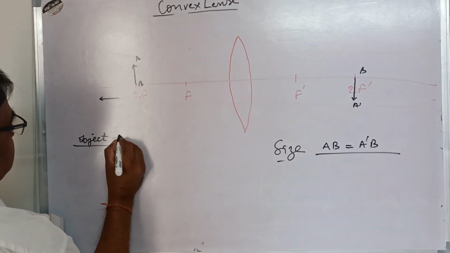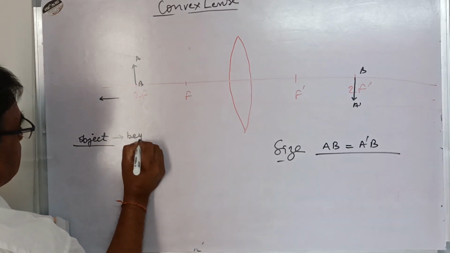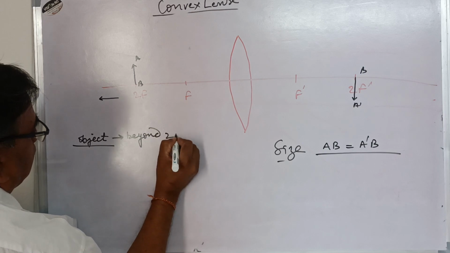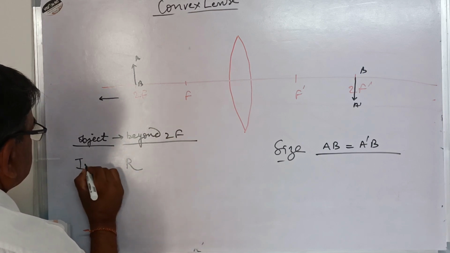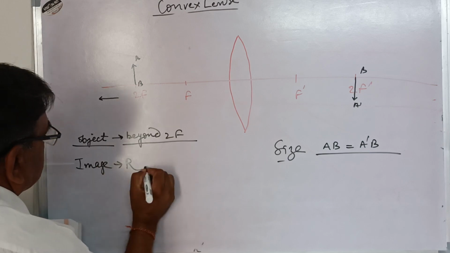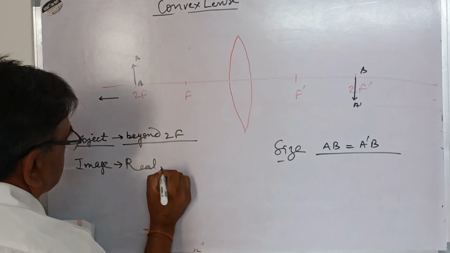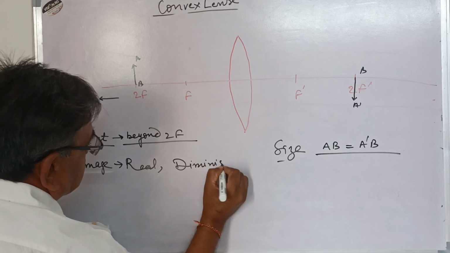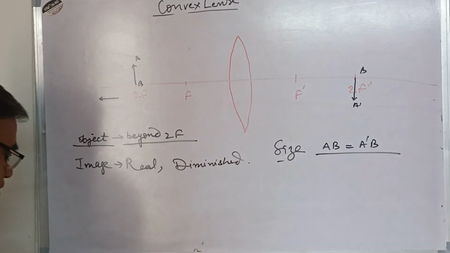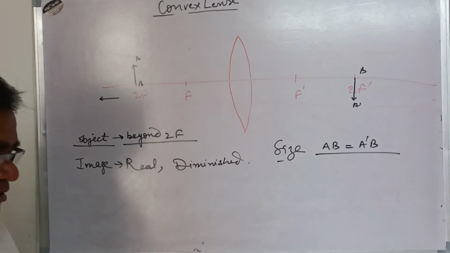So the object is beyond 2f, and in this case the image will be real and diminished.